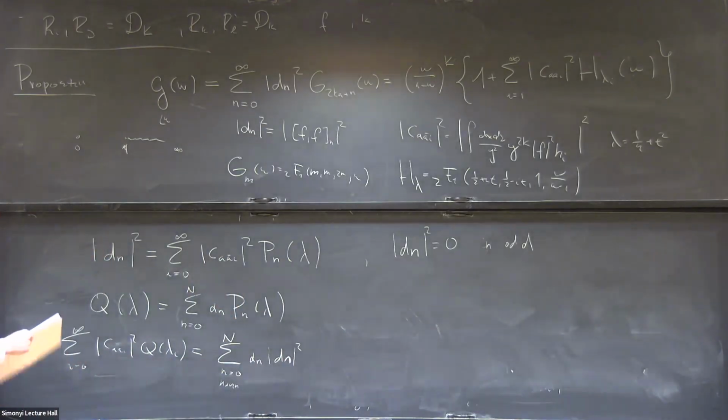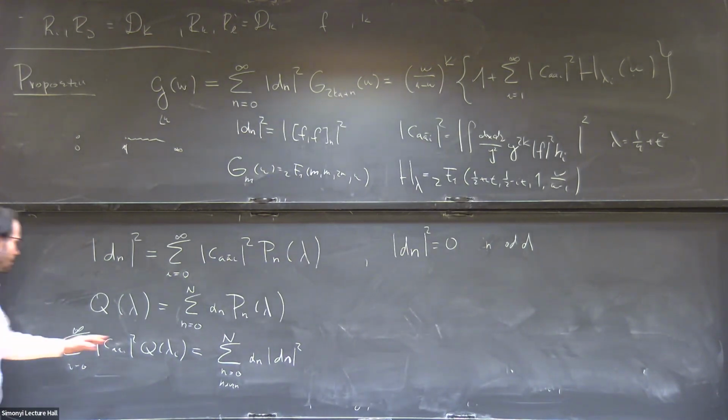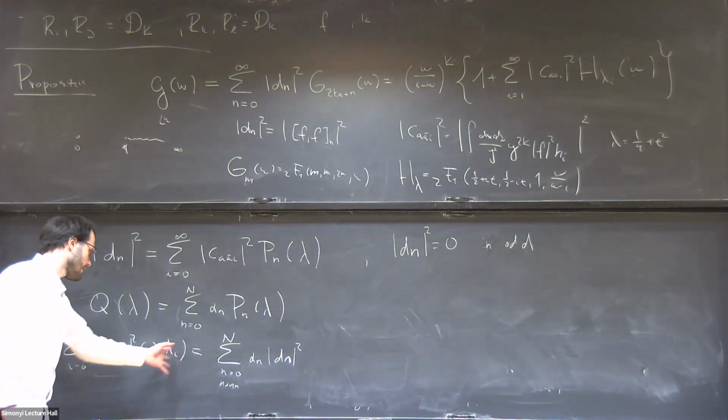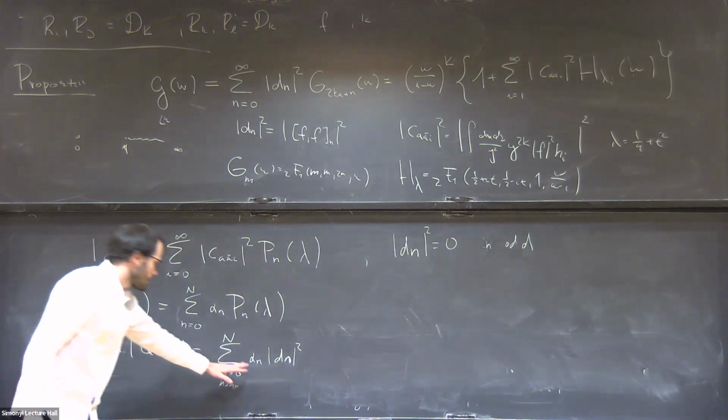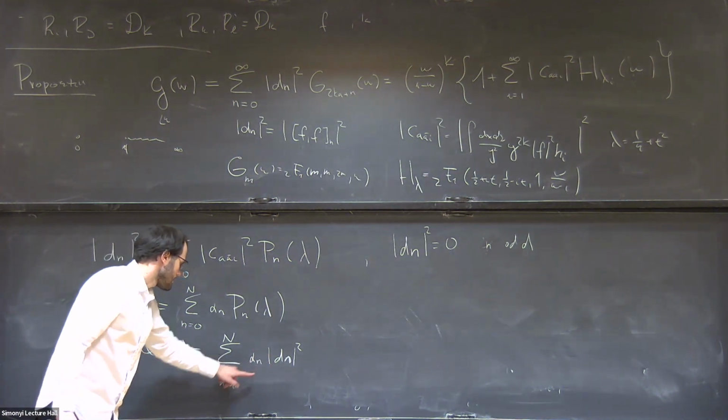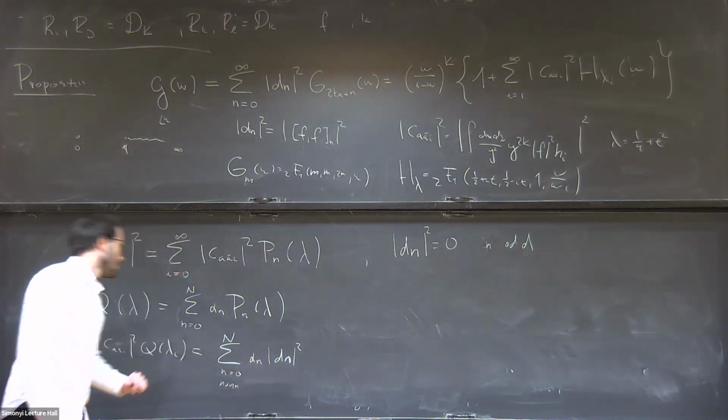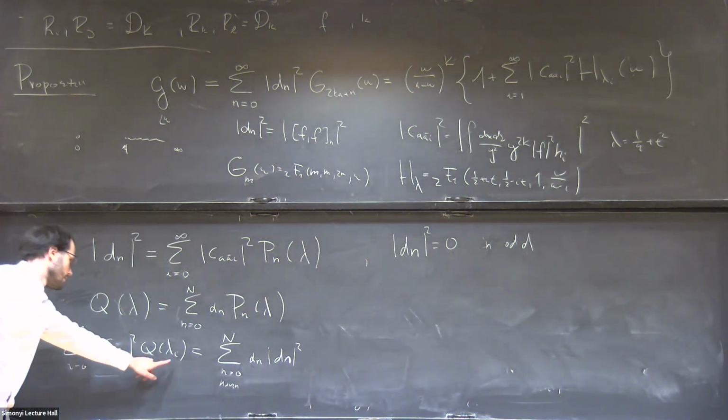So if you can choose your polynomial in such a way that it's non-negative from some point on, such that these even alphas are negative, you get an upper bound on lambda 1.